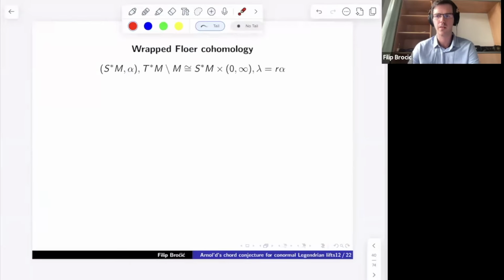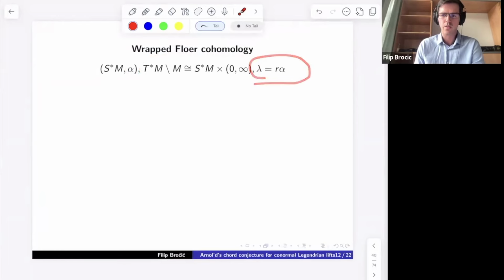Okay, now let's give a little bit of introduction to Floer cohomology. If we put a contact form which induces the standard contact structure on the unit cosphere bundle, then we can identify the set of non-zero covectors with the symplectization of the unit cosphere bundle, and the Liouville form is of the form R times alpha, where alpha is the given contact form and R is a radial coordinate in (0, infinity).